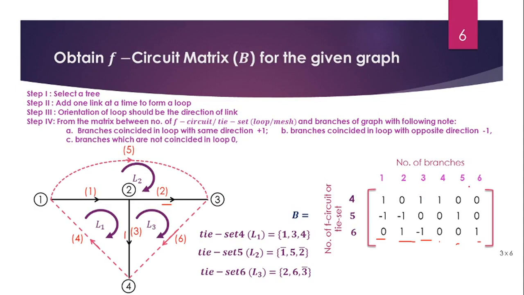Here, if you observe the tie-set matrix, you may find this right hand side matrix is a unity matrix, which is basically the link matrix, because 4, 5, 6 are links.